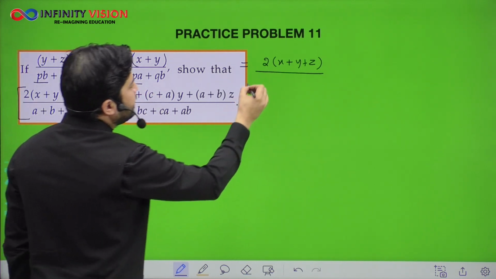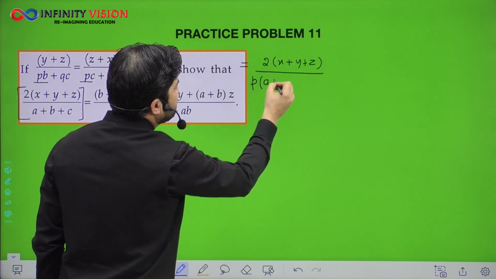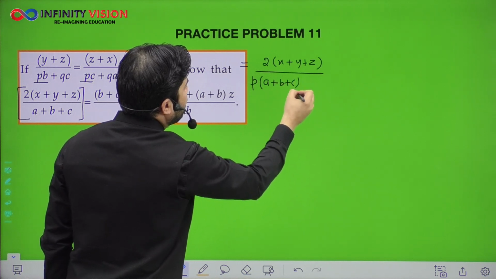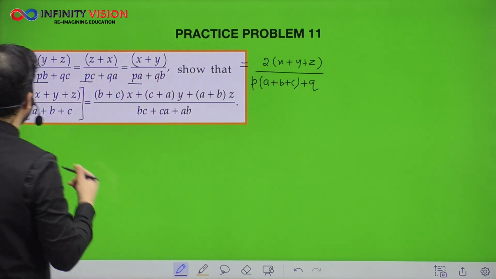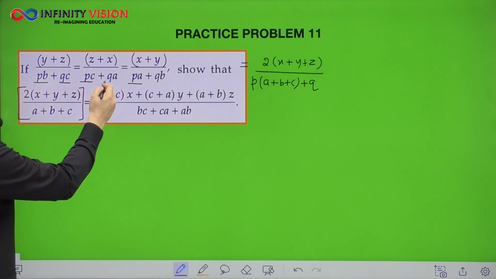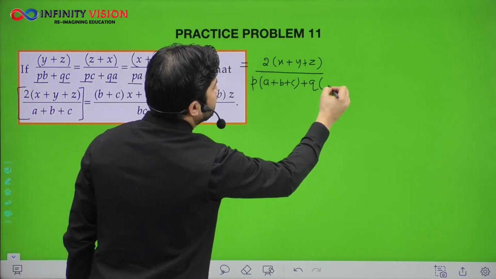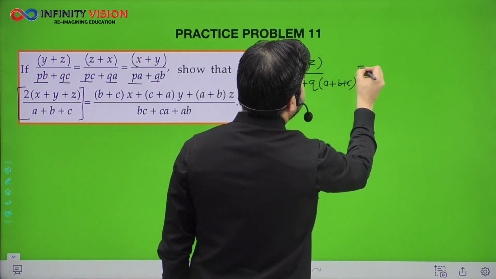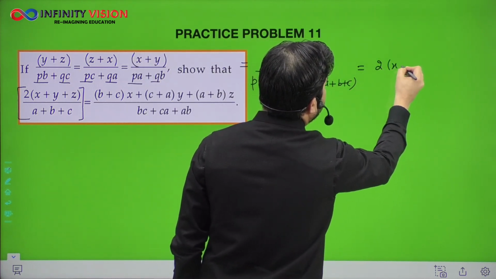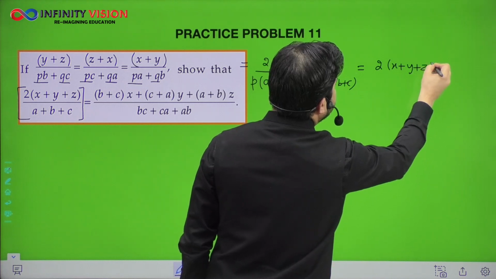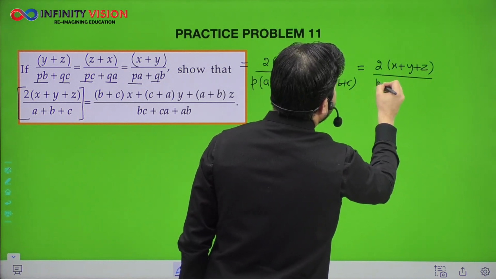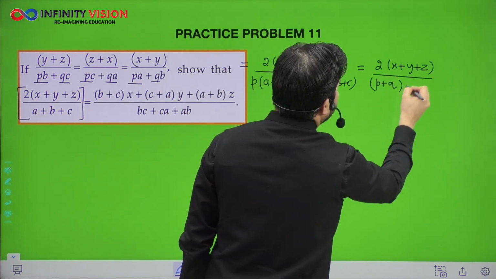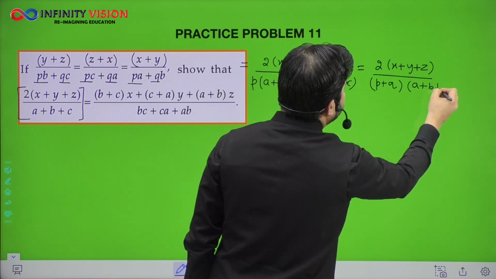So p being common with a plus b plus c, and then q also being common with c, a and b. So you can write this as twice of x plus y plus z upon p plus q into a plus b plus c.